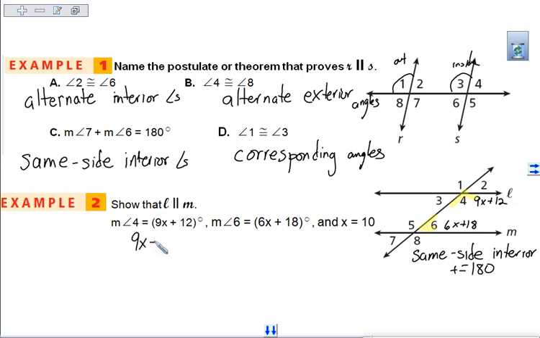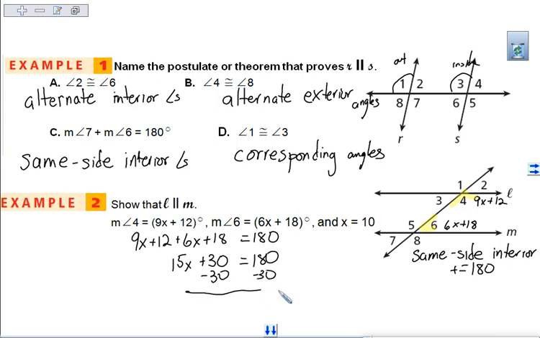We're going to add these together, set them equal to 180 degrees. So we need to combine our like terms. So 15x plus 30 equals 180. Subtract 30 from both sides. 15x equals 150.